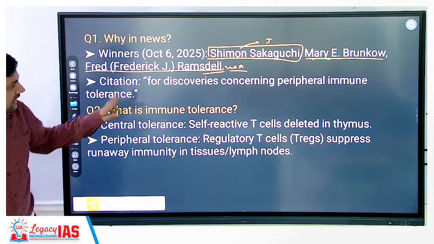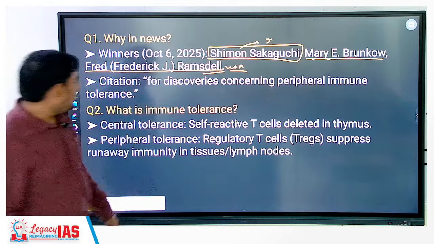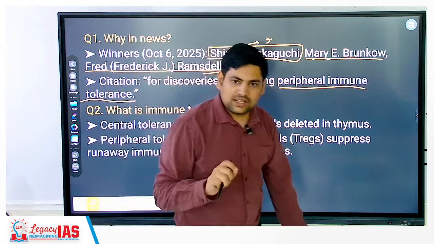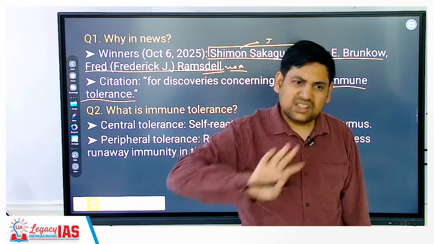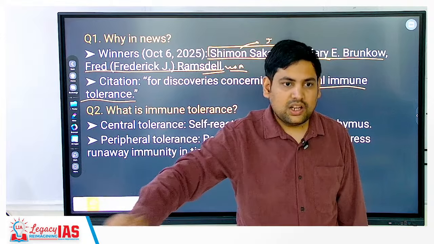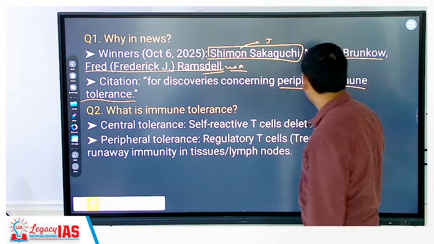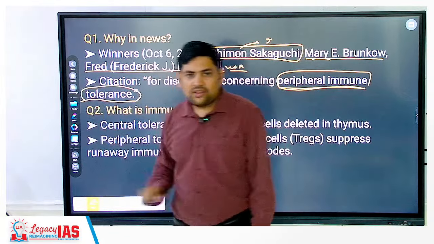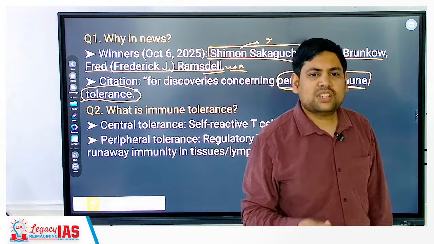Now, the citation is for discoveries concerning peripheral immune tolerance. There is one immune tolerance that is found in the thymus itself that stops your T cells from attacking the normal cells. This one is called peripheral immune tolerance because these cells are generated outside the thymus.